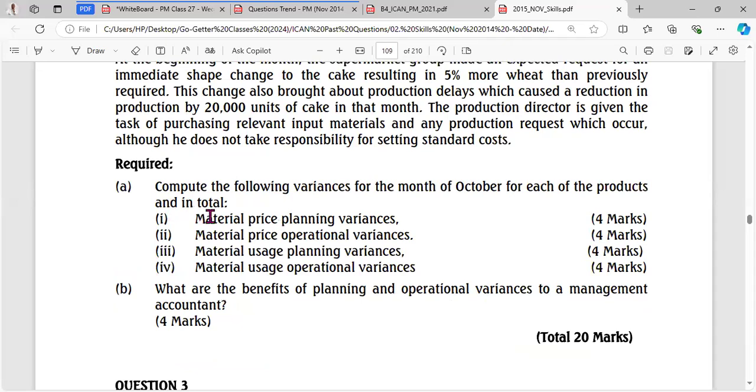So material price planning variances. So you see here, the person that was asking me why we did one. They said variances. After doing material price planning variance for bread and for cake, we will now find the total and add them. Material price operational variances, usage, and all that. So let's start our work.